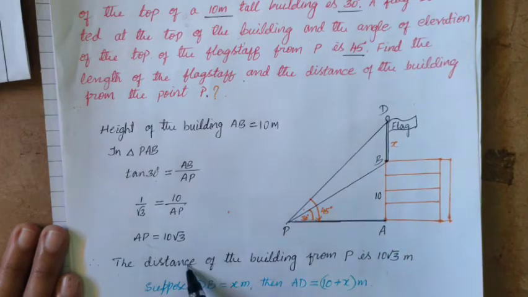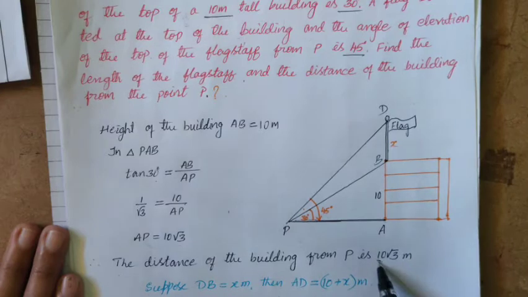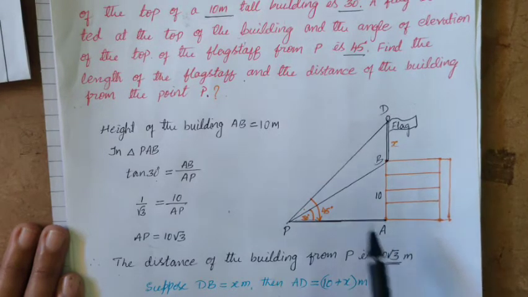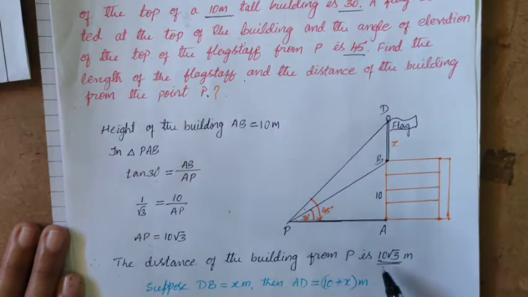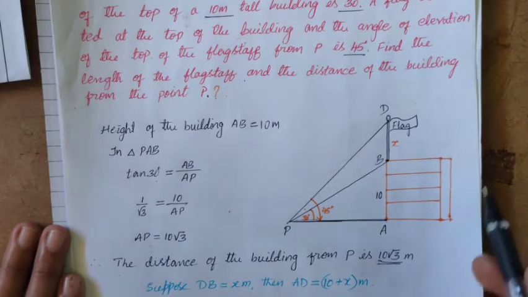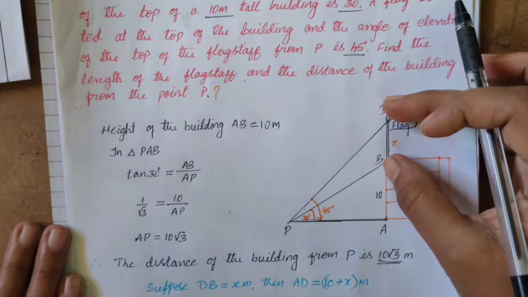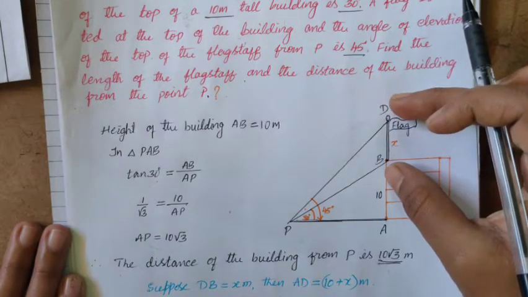Yes. The distance of the building from point P is 10 root 3 meters. So here the second part can be found out. The distance of the building from the point P is 10 root 3 meters. And again we have to find the length of the flagstaff. So next I want to find the length of the flagstaff. How to find this length?